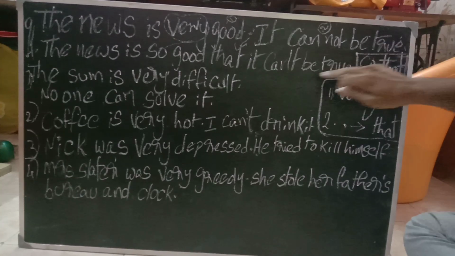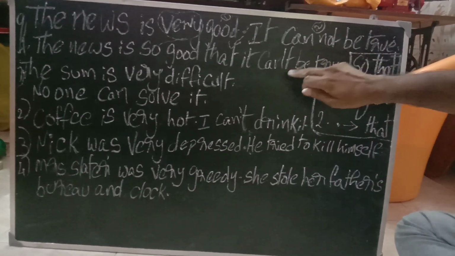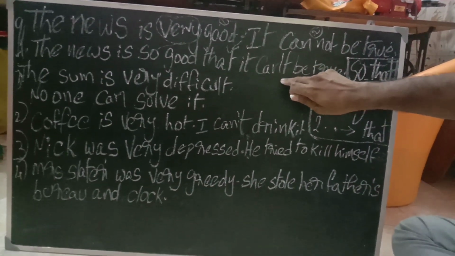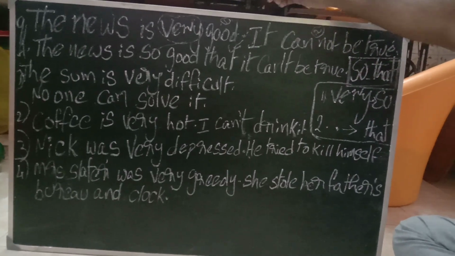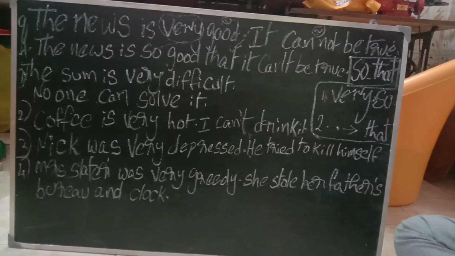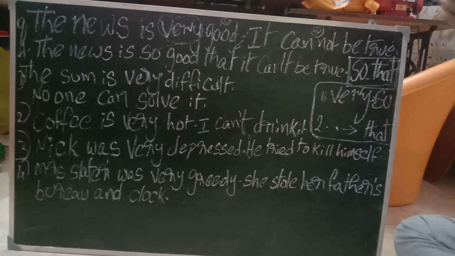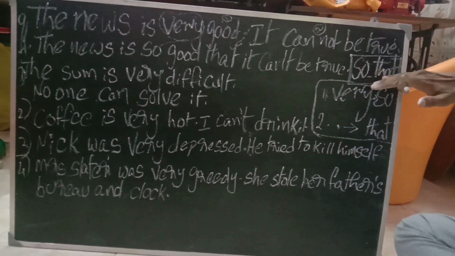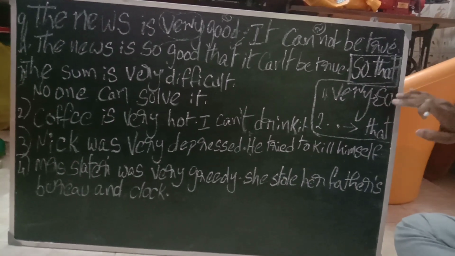"It cannot be true." I have written the shortest form. So once again, "The news is very good" is the first statement, and "It cannot be true" is the second statement. When converting this into a "so that" statement, we have to apply two rules.